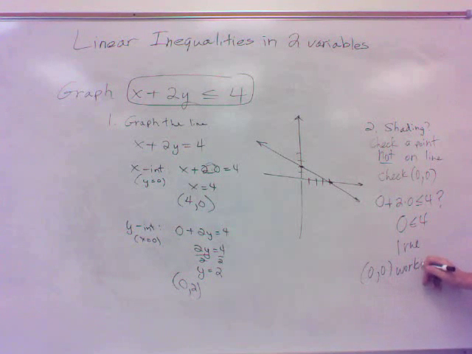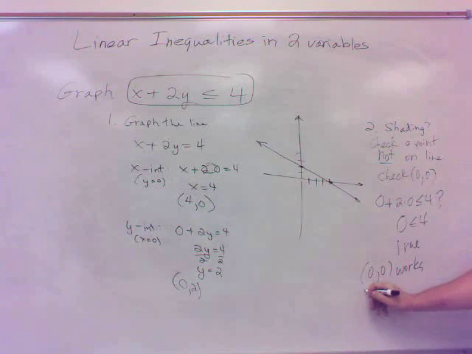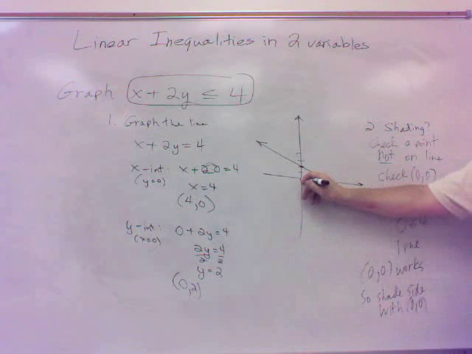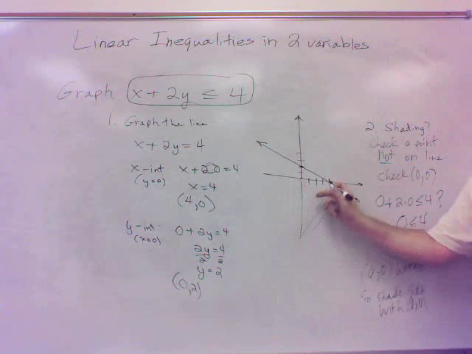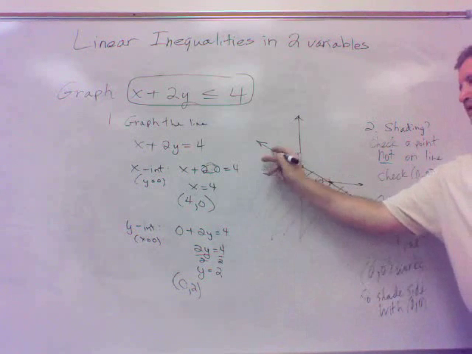So that tells me up here on the shading, I'd better shade the side that has 0, 0 on it, right? Which in this case happens to be below the line. Here's 0, 0, so 0, 0 is below the line, so I'd shade below to capture the 0, 0 and then all the other points.